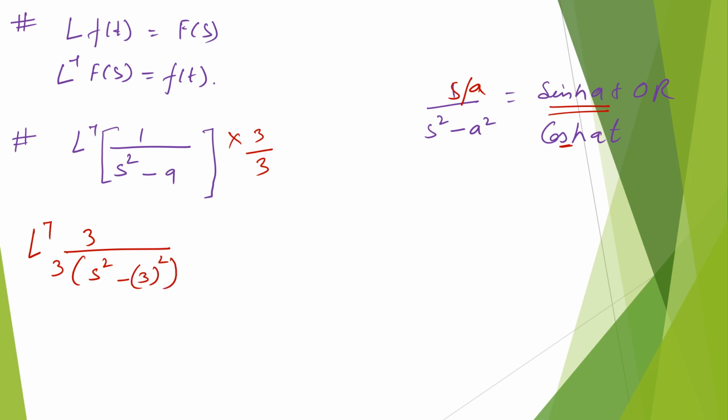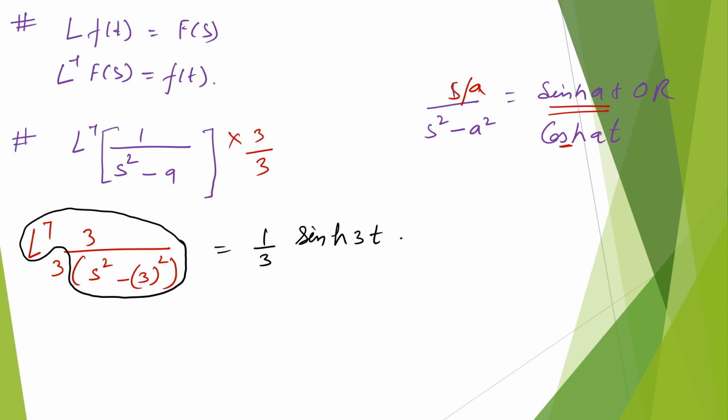So finally this will be the complete formula and the constant will be exactly the same, that means 1 by 3, and this will be converted into sine hyperbolic 3t.